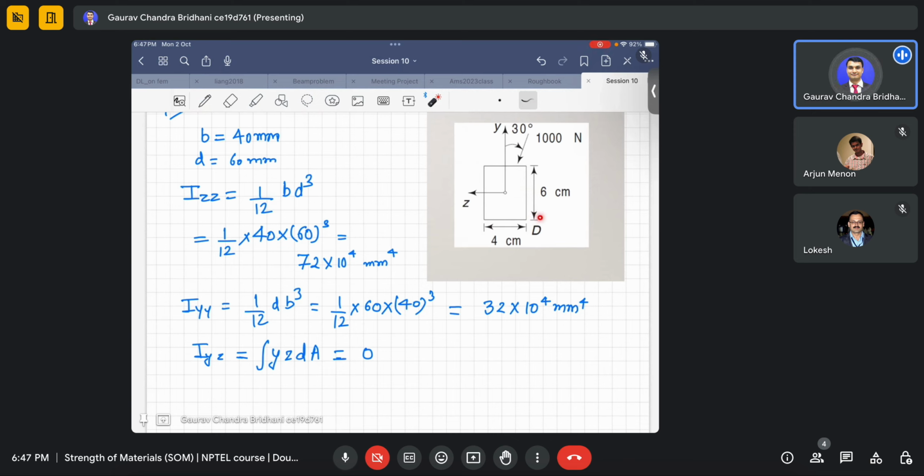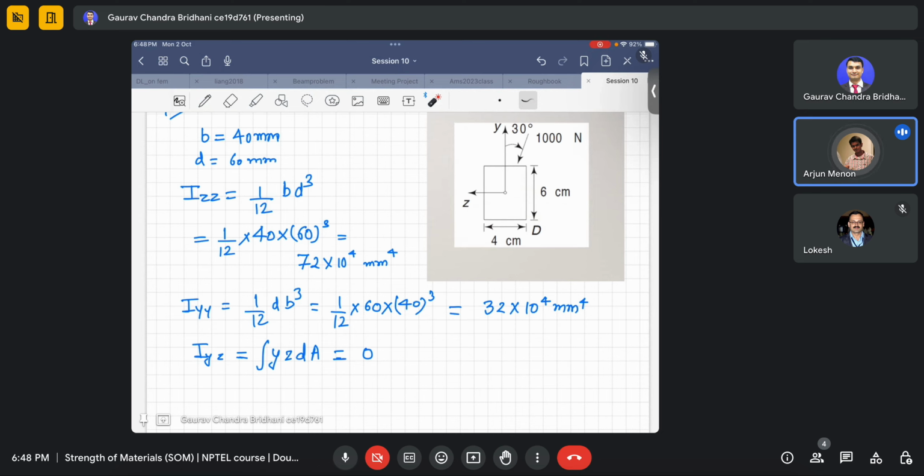So because the limits are that, and it is an even function because it's a square, it is like d square by 4 minus d square by 4, so it becomes 0.